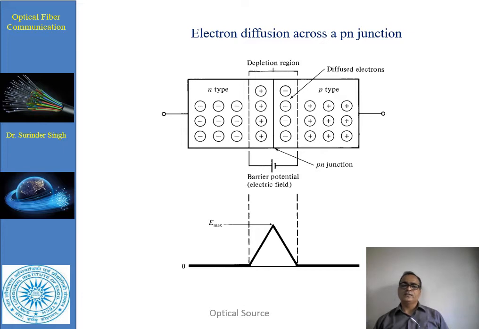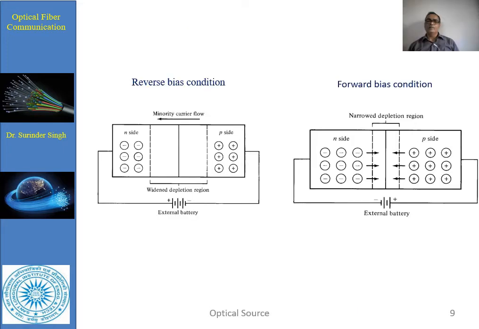Now once the PN junction is formed, consider it under reverse bias. Upon reverse bias, electrons move toward the positive side of the battery, whereas holes move toward the negative side of the battery. In this way, there is an increase in the barrier potential and widening of the depletion region and space charge region.